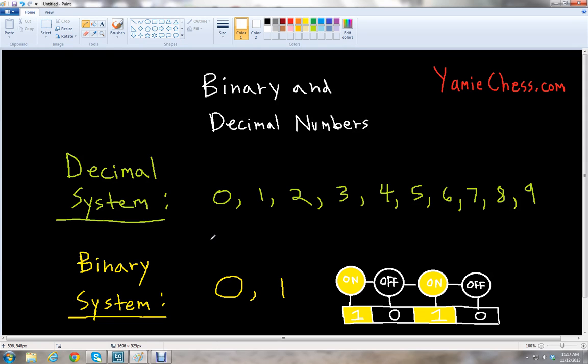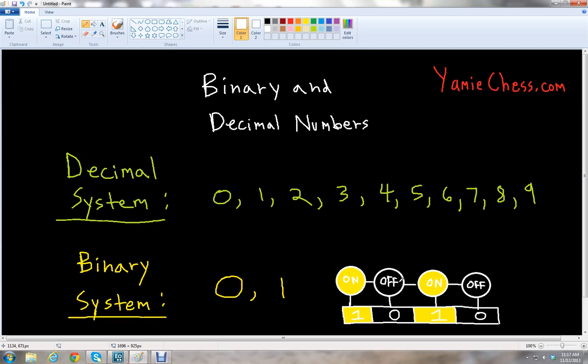Now, on the other hand, the binary system was created to develop computers. And it's called a base 2 system, so it only has the two digits 0 and 1. If you see these four light bulbs over here, the 1 with the yellow light being on represents the on switch for the light bulb.